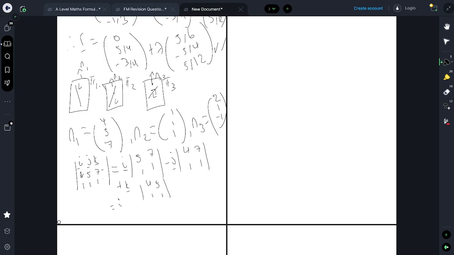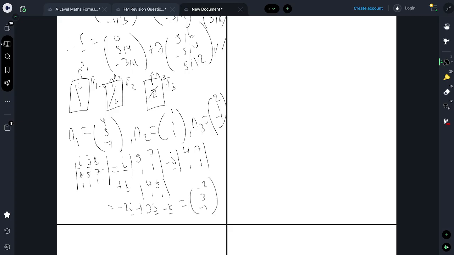So very quickly, 5 minus 7 would be minus 2i. 4 minus 7 would be minus 3, but it's minus j, so that'd be plus 3j. Minus 3 becomes positive. And 4 minus 5 would be minus k. So our vector would be minus 2, 3, minus 1, ijk.